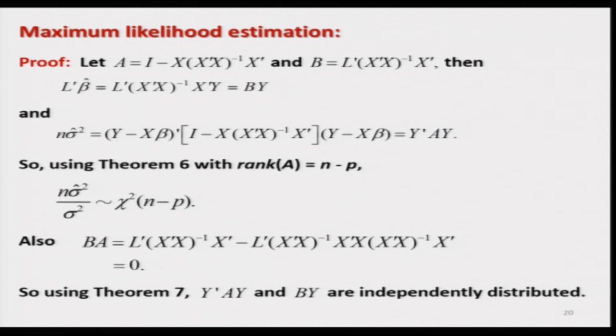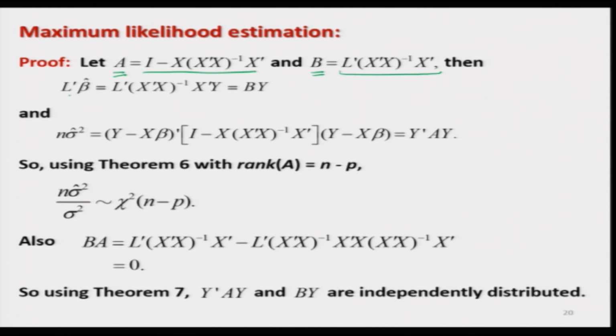Now, we try to prove the independence of this linear function and quadratic form. So, we denote this hat matrix by capital A, and this matrix Lᵀ(XᵀX)⁻¹Xᵀ by B. Right.